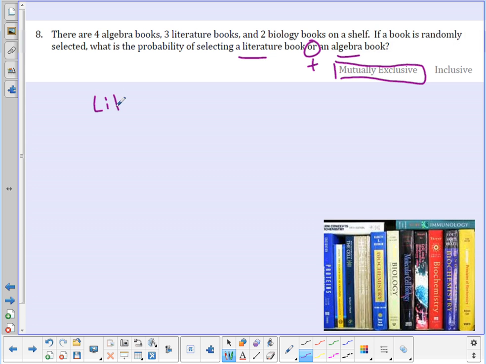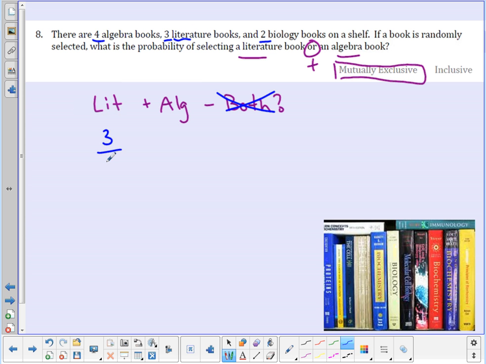And if I'm looking at lit plus algebra minus both, I know that this both category is knocked out because I don't have any in the both category. But I will go back to the lit plus algebra. So I need to know the total. 4 plus 3 plus 2 is 9. And 3 of those are literature.